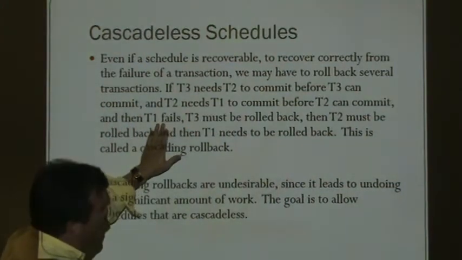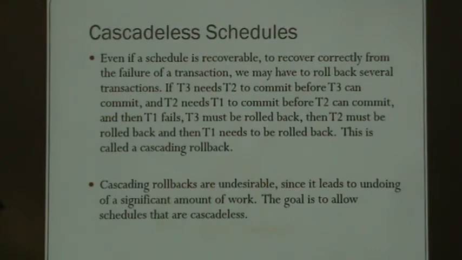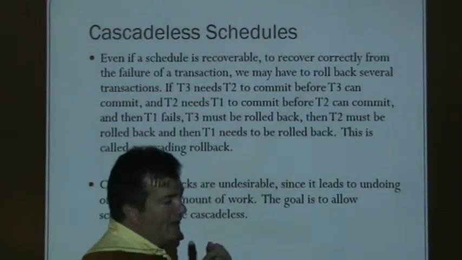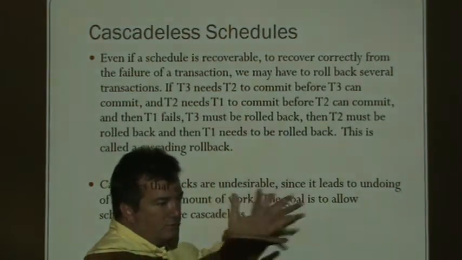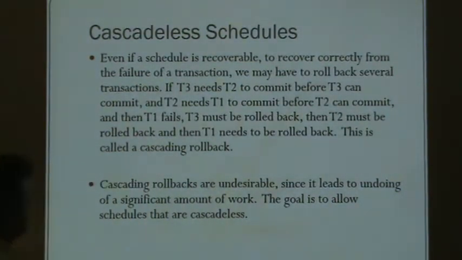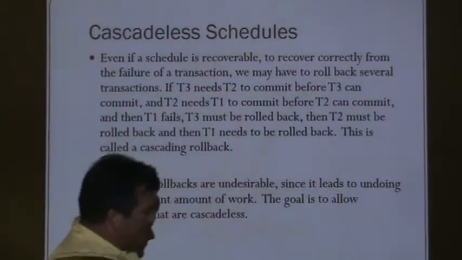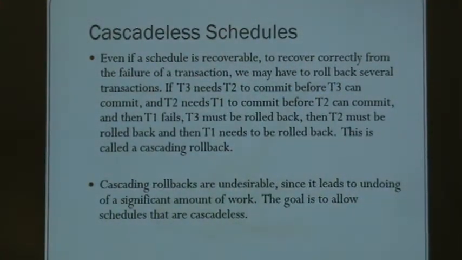If transaction 1 then fails, 3 must roll back, and then 2 must roll back, and then 1 needs to be rolled back. Rolled back is where you take the data and rewrite the data the way it was before your transaction ever started, so you could then start over again. Okay. So cascading rollbacks are undesirable since they lead to undoing a significant amount of work, and the goal is to have the schedules be cascadeless.